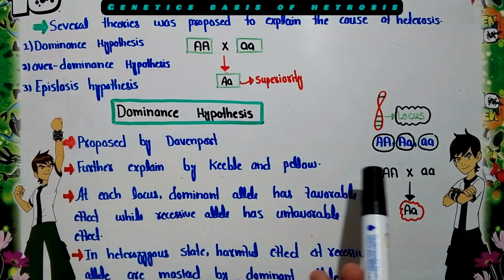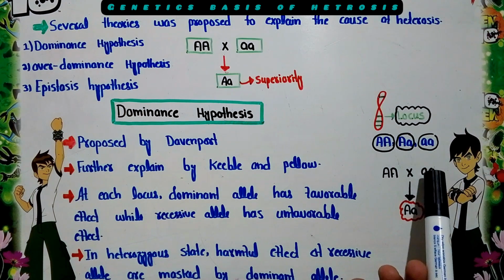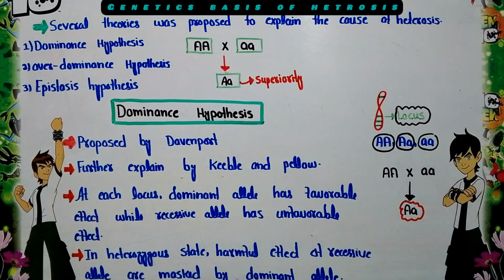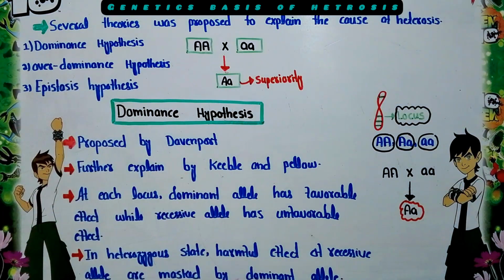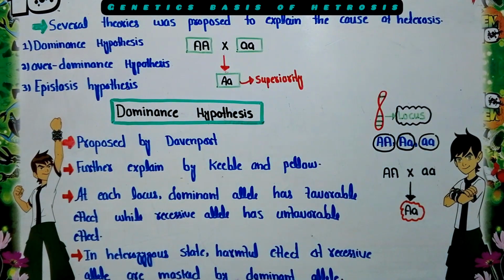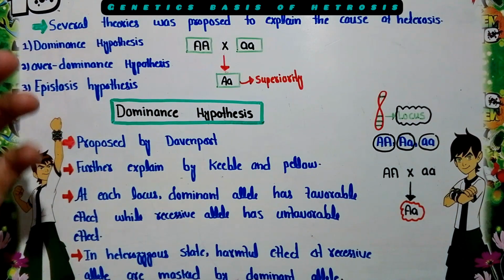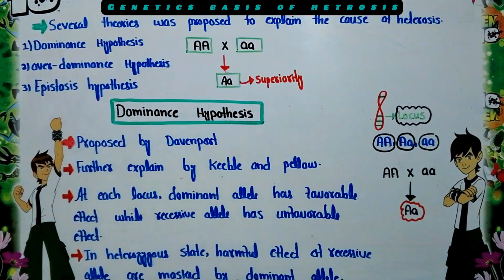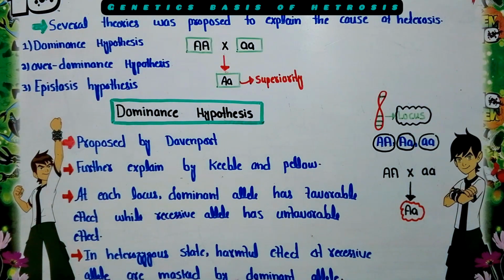Now, when we cross the parent capital A with the parent small a, we get the heterozygote organism. The locus where the dominant allele is present is responsible for controlling the favorable characters, while the locus where the recessive allele is present controls the unfavorable characters.